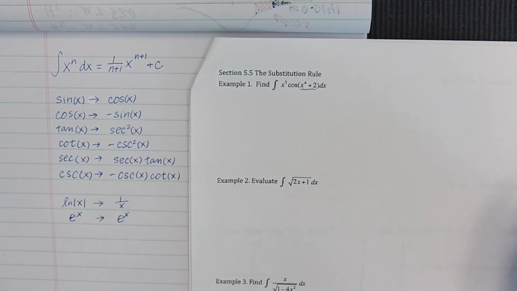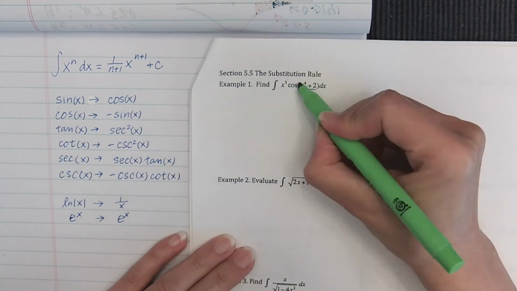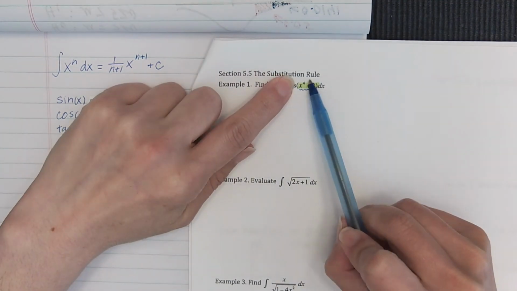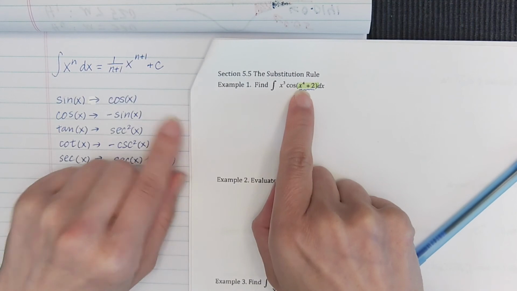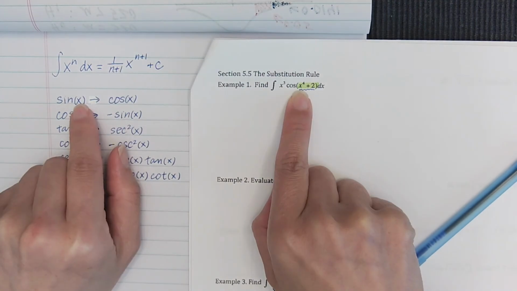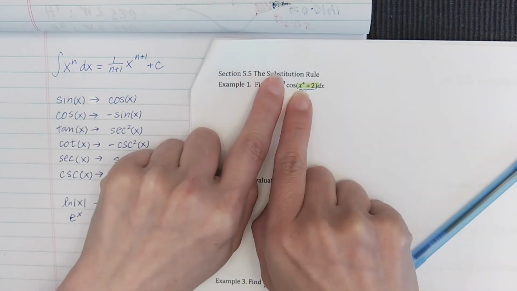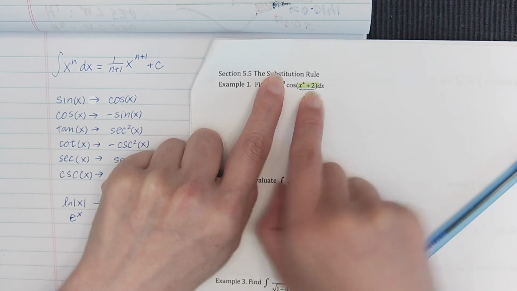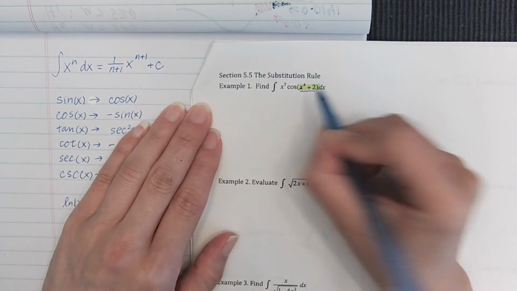So pay attention to that part. This looks messy, right? Because if we have cosine x, I know we just come back to sine x. But now I have cosine of x to the fourth plus 2. Well, that's really messy.